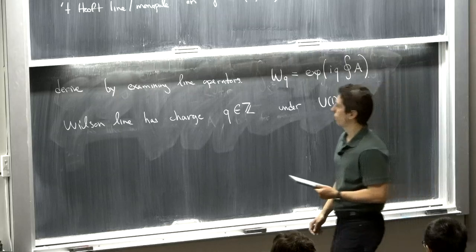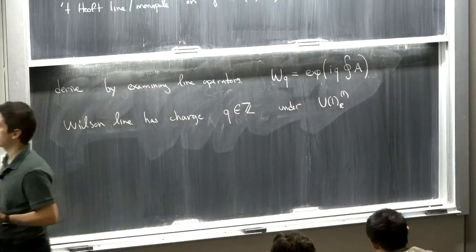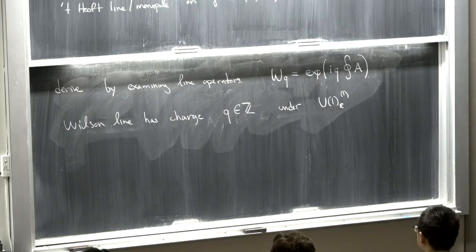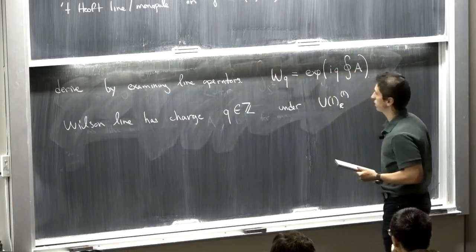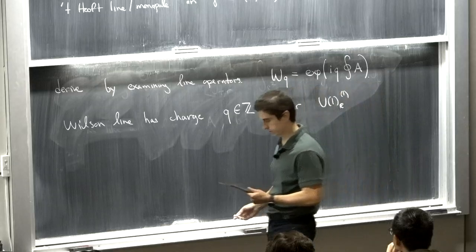Now, what happens to this Wilson line when I gauge the Zn subgroup here? Well, then this Wilson line is charged in general, and so is in general not gauge invariant.